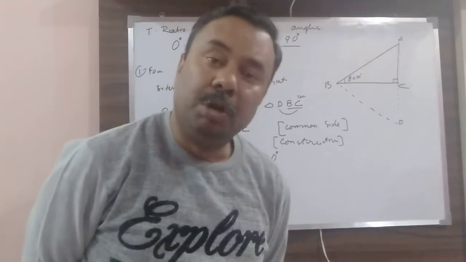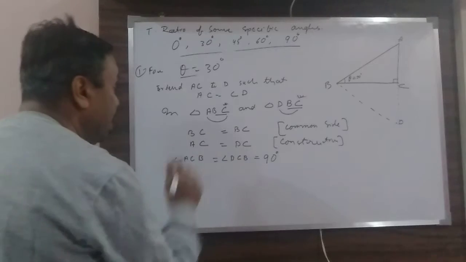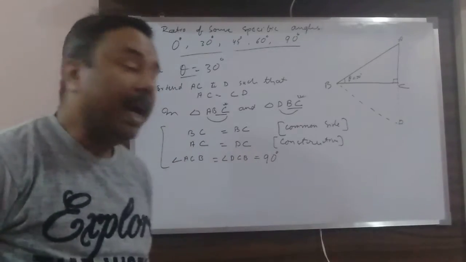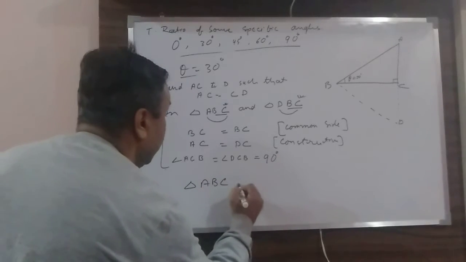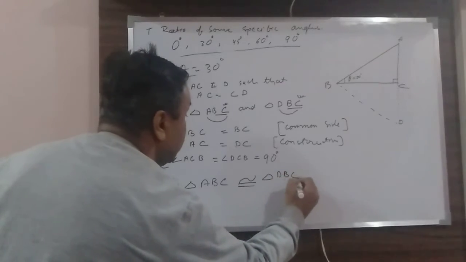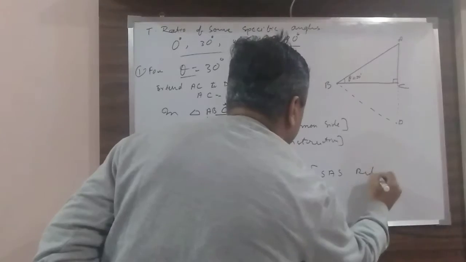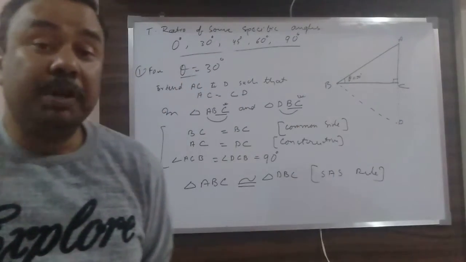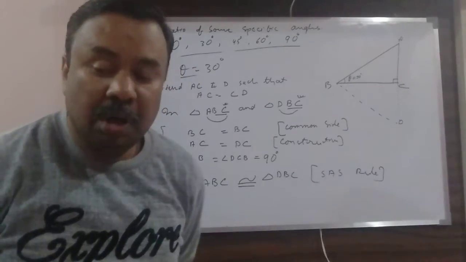Now by these three, what I can say is that triangle ABC is congruent to triangle DBC by SAS rule. Just remember the rules of congruency, that these two triangles are congruent.